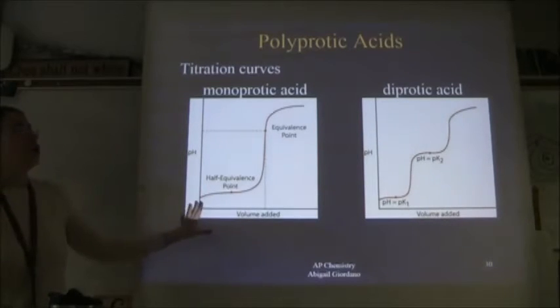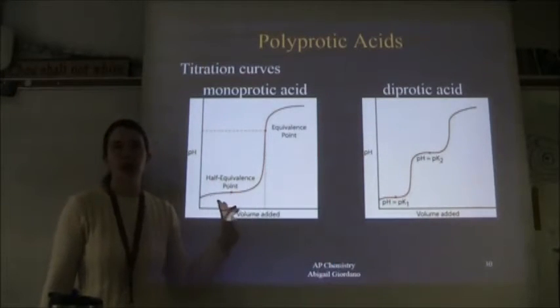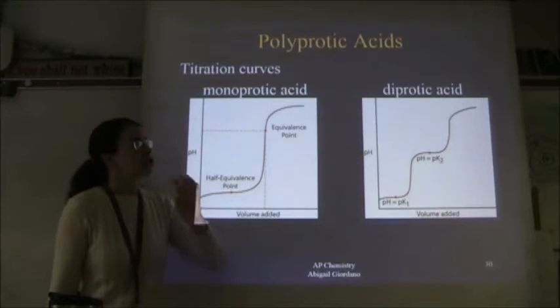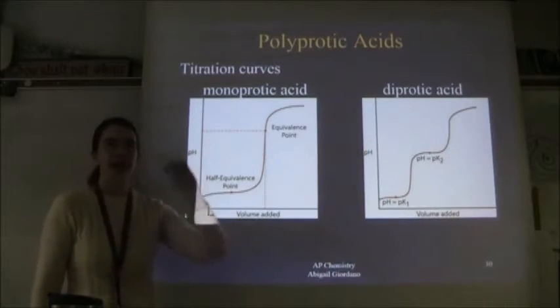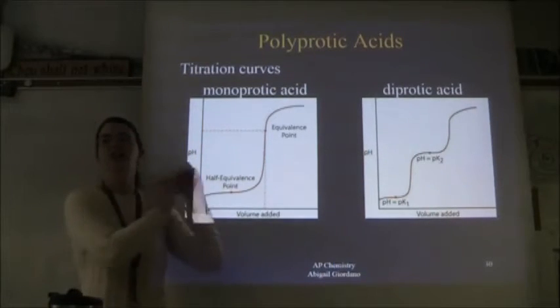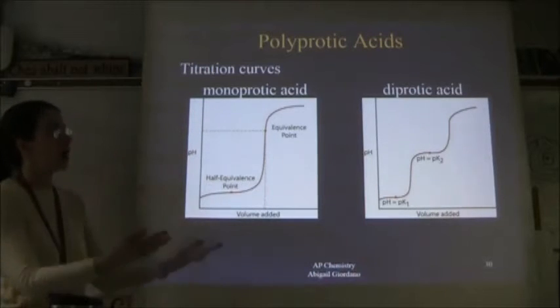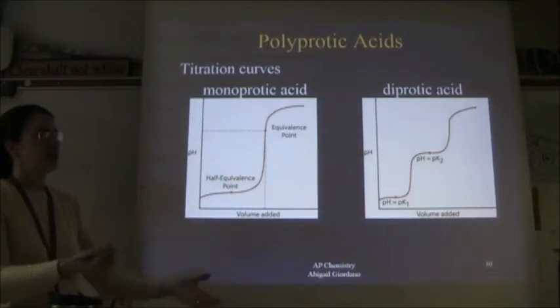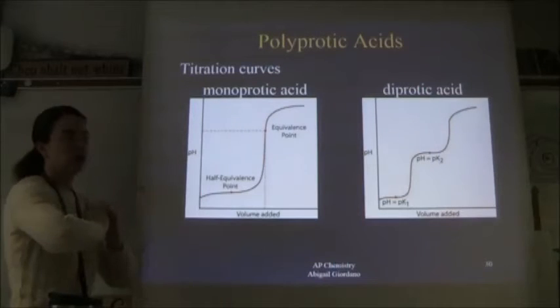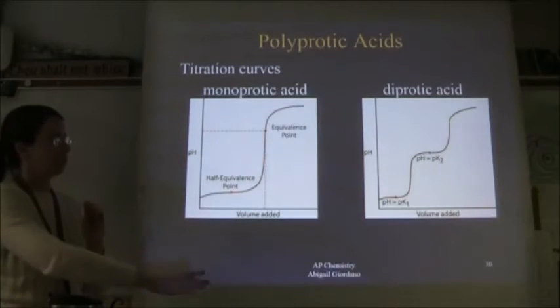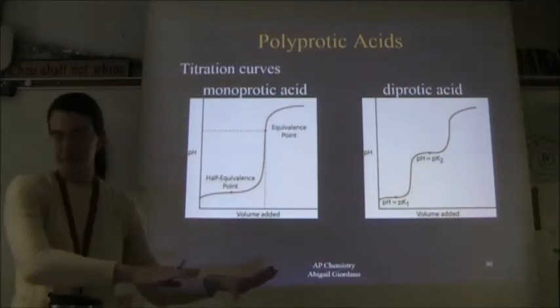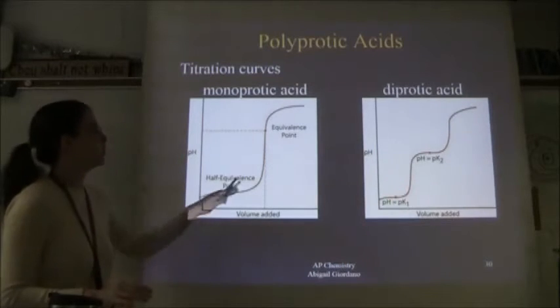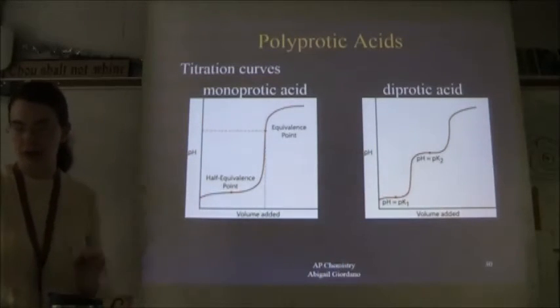The point I'm trying to illustrate here is each hydrogen to be donated reacts independently. In a polyprotic acid, each hydrogen reacts one at a time, not all at once. But we'll deal with titration curves a lot more in chapter 17.